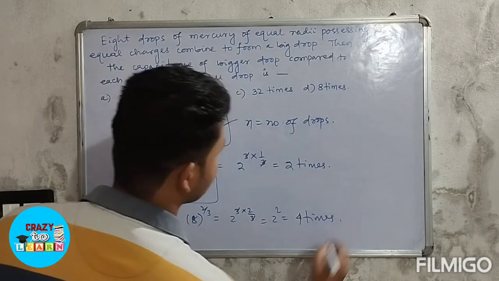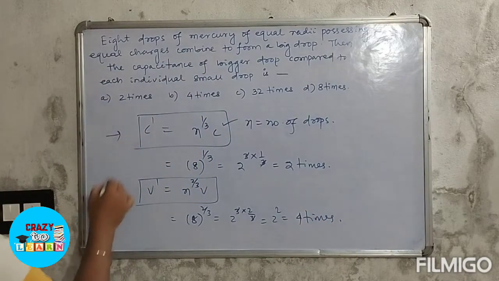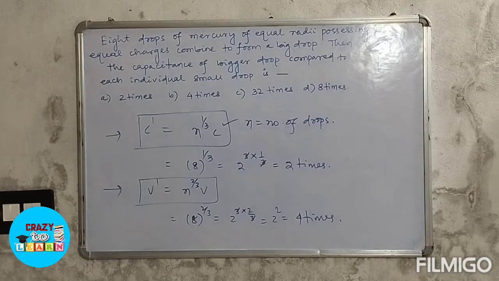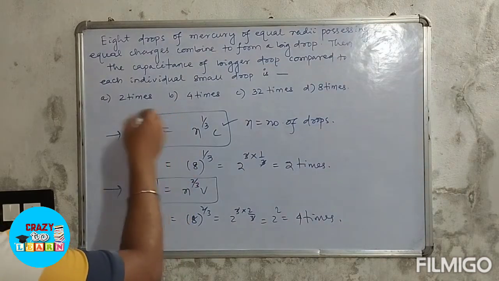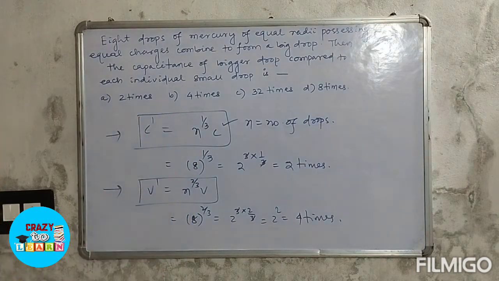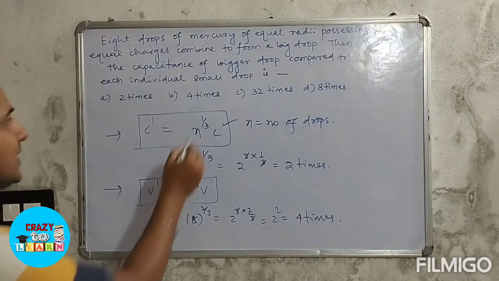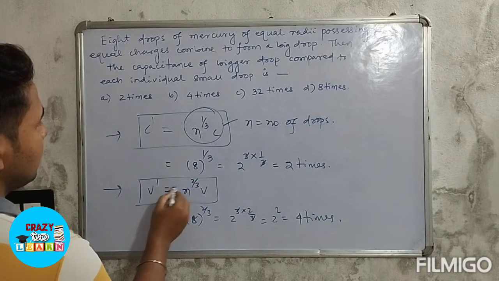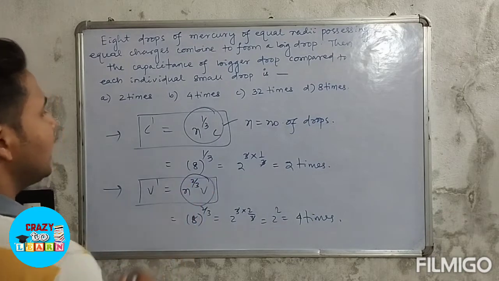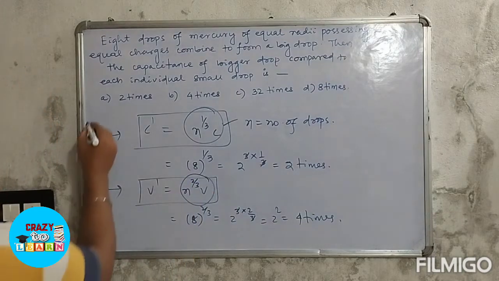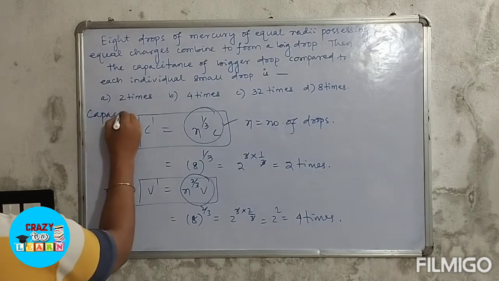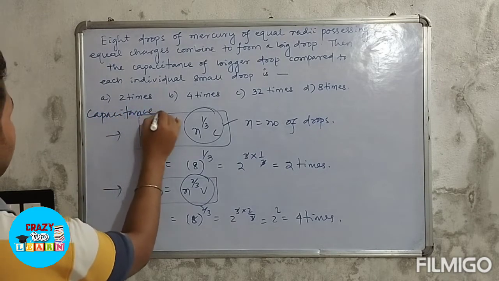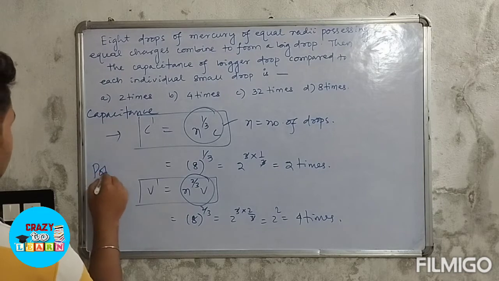So don't confuse the two cases. Maximum students sometimes choose 4 times, sometimes 2 times. So remember, for capacitance it is n power 1 by 3, and for potential it is n power 2 by 3.